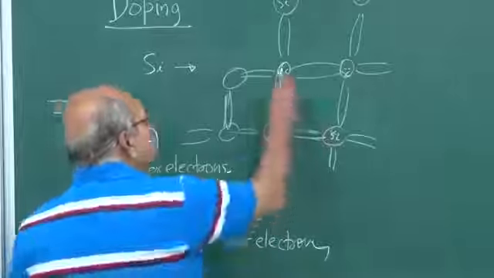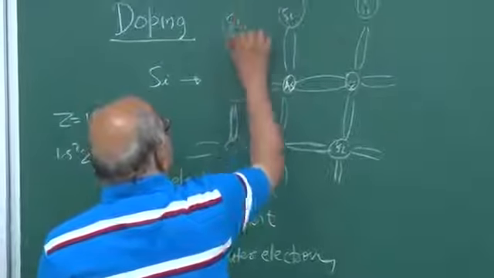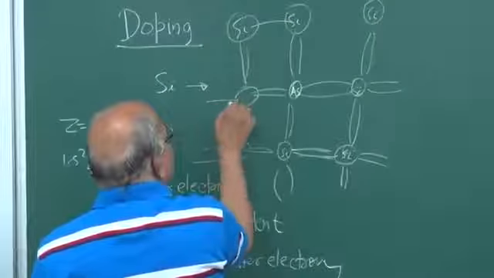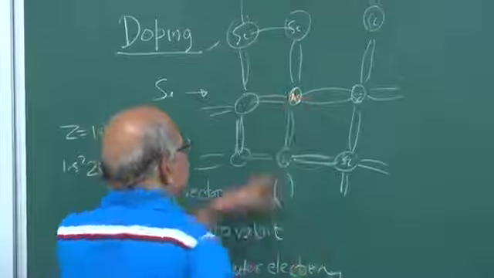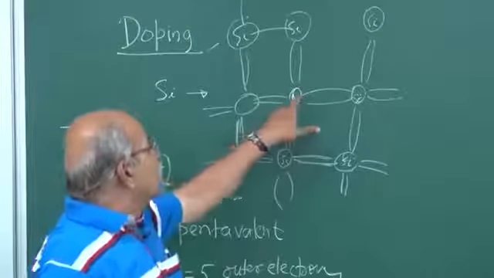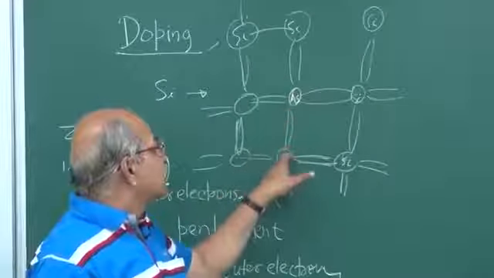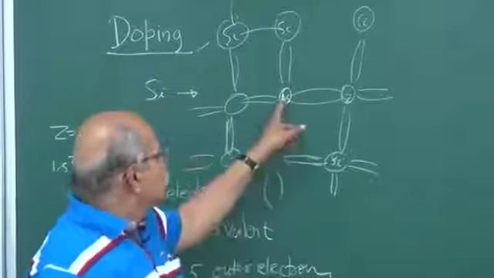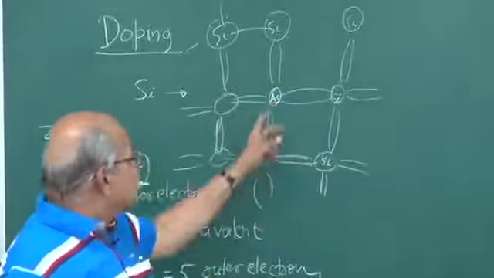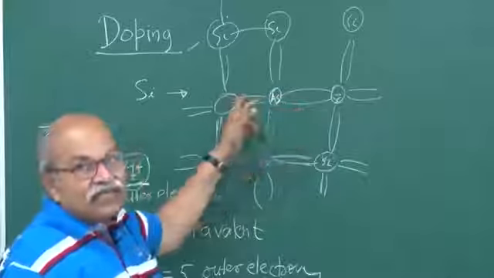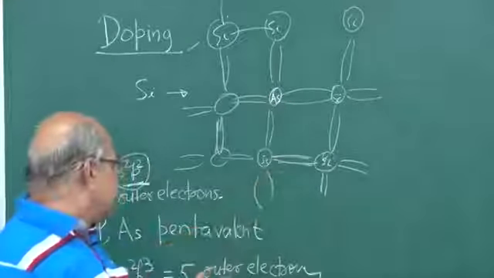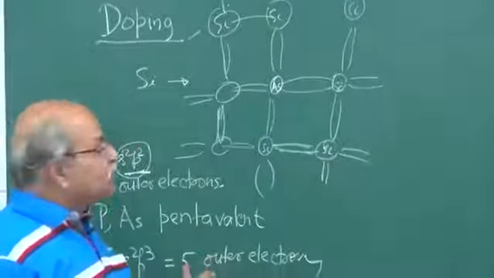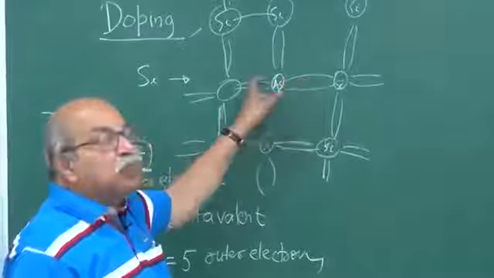This arsenic is also bonded to the 4 neighbors in that tetrahedral structure, but the 5th one, the extra electron, cannot go in this bonding.